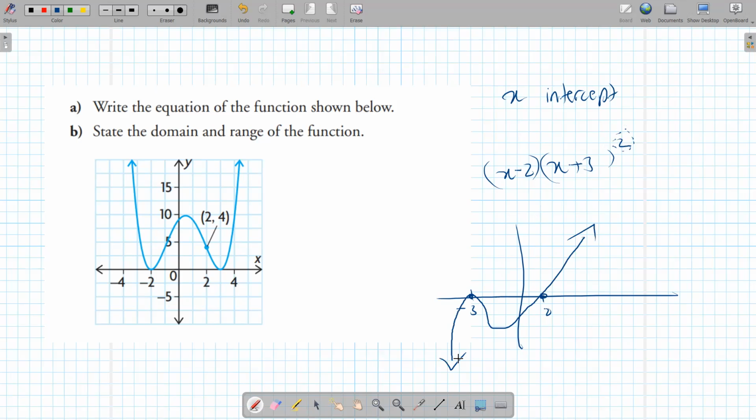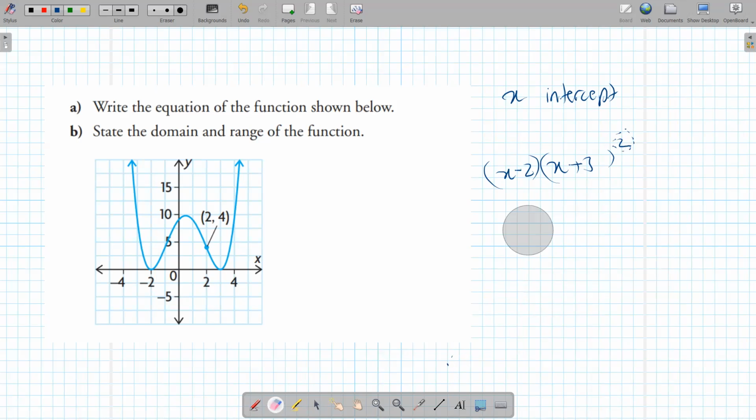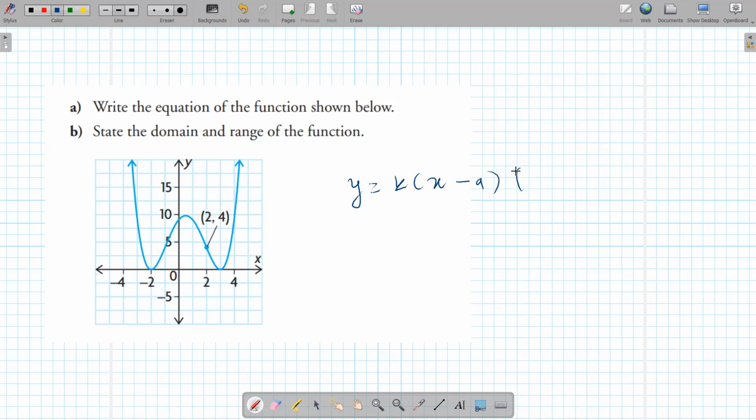Okay, so when there's a turning point, you get a squared. When there's a squared, you get a turning point. So in this question, they've given us turning points, which means we're going to have squares, right? So tell me what a and b is here. And there's a squared because there's turning points. What is a and what is b?